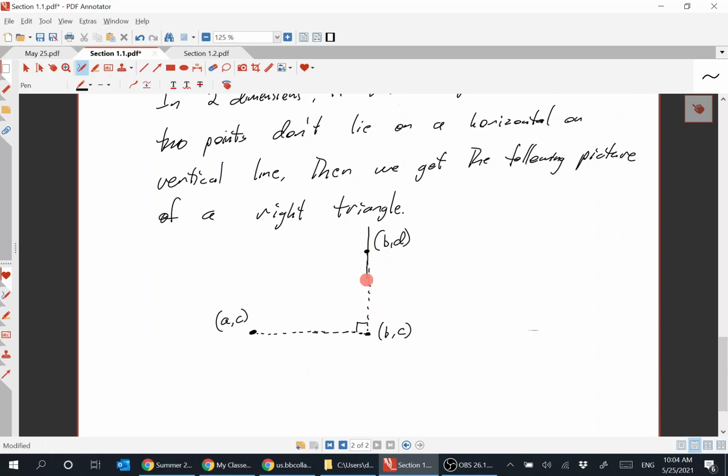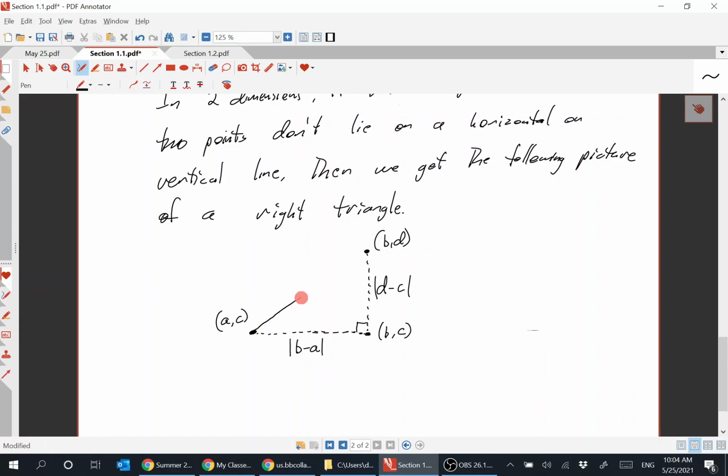And because these 2 points lie on a common vertical line, the x coordinates are the same and the y coordinates change. So the distance from here to here is the difference in the x coordinates, so this is B minus A. And this distance along the vertical line is D minus C, in absolute value.